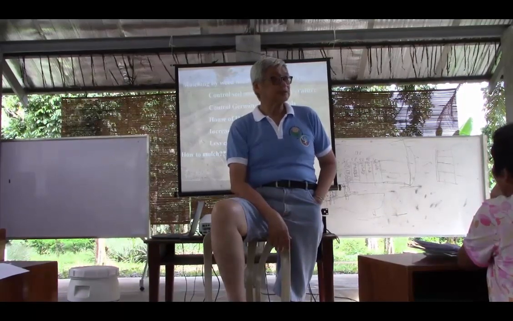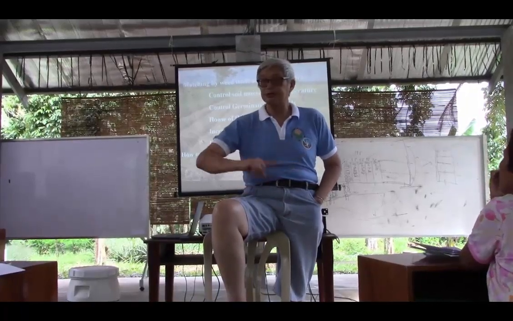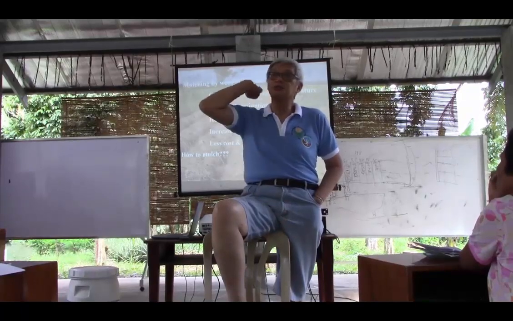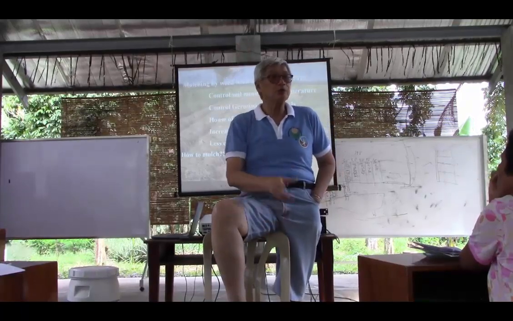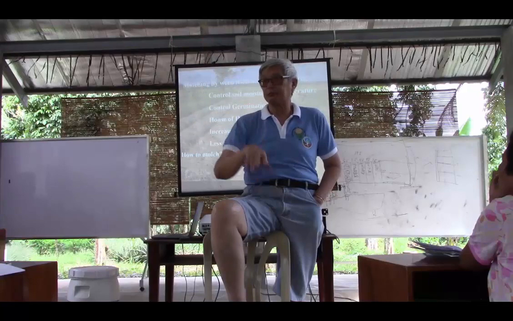Second, stop soil erosion. If you keep on putting organic matters into your soil, but you didn't stop soil erosion, just one huge rain that comes in will wash out all your topsoil, which is your organic matters.